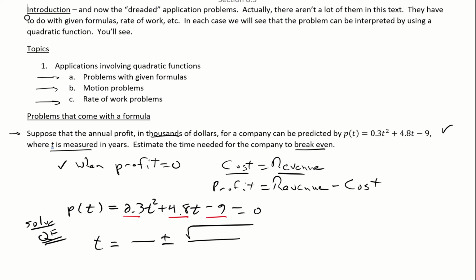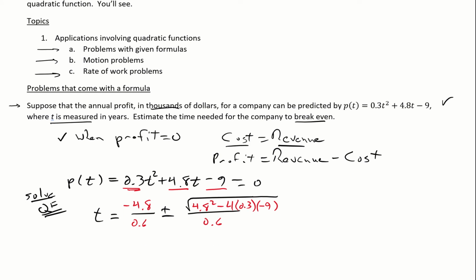The first one is minus B, which is minus 4.8, all over twice A, which is 0.6, and then plus or minus the radical of B squared, 4.8 squared, minus 4 times A times C. Now C is a negative 9. Don't make the mistake of past students of forgetting the negative on that.